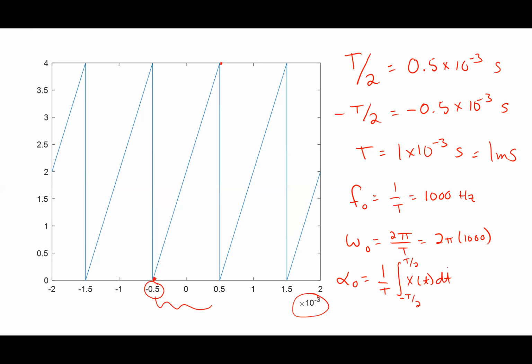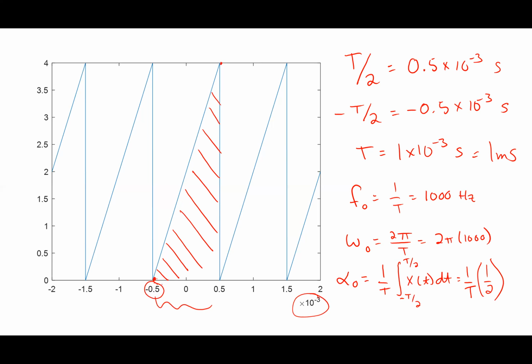Now, that area, this is 1 over T times the area under the curve. So the area under the curve is just simply this area that I'm hatching out right here, right? That's the area I need to compute. All right, now that happens to be a triangle, so that's pretty easy to do, right? So it's 1 over T times, for the triangle, 1/2 the base times the height.